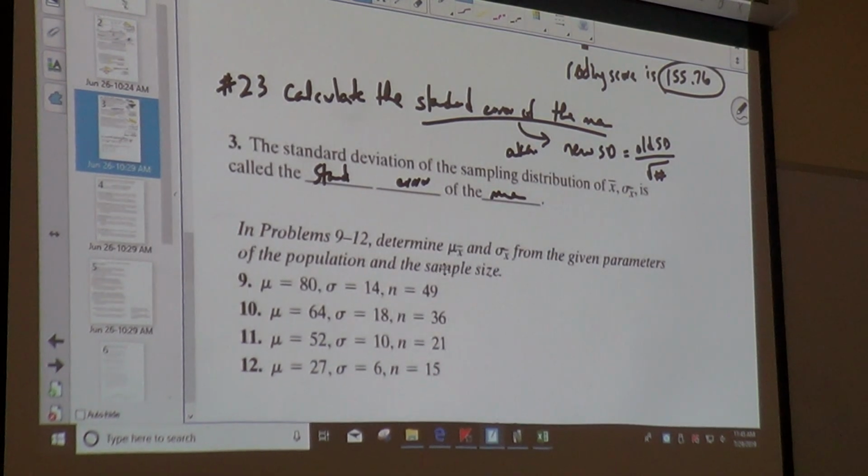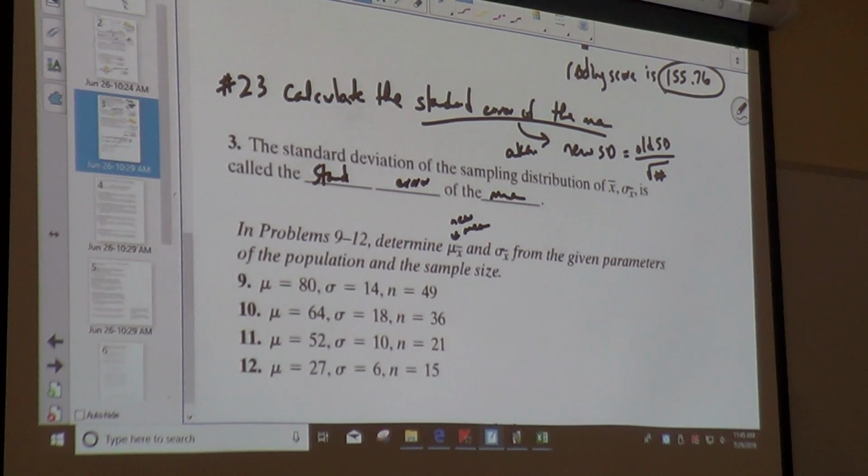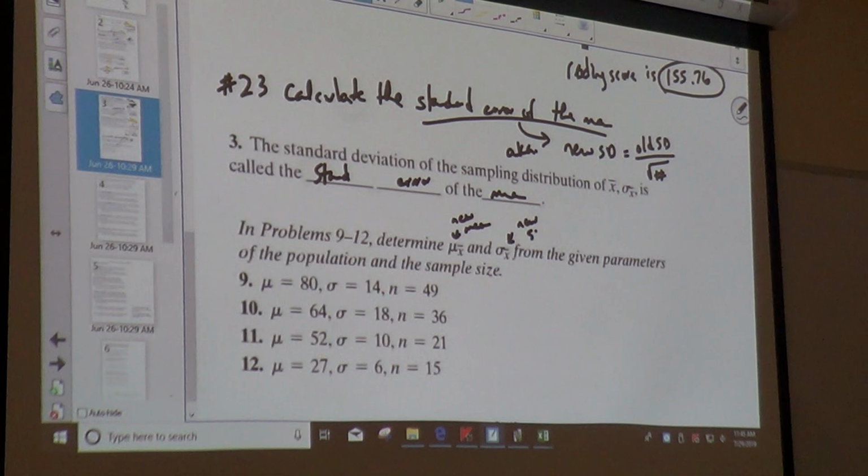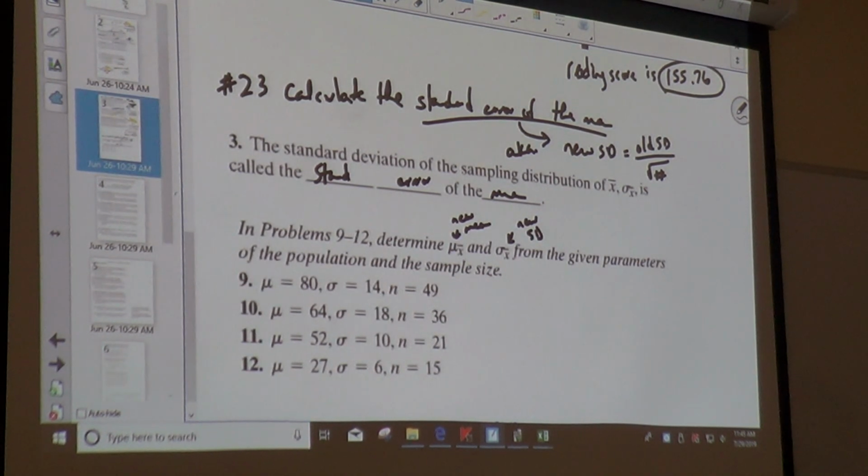In problems 9 through 12, determine the new mean and new standard deviation. And in the directions it says, 23, calculate the standard error of the mean.